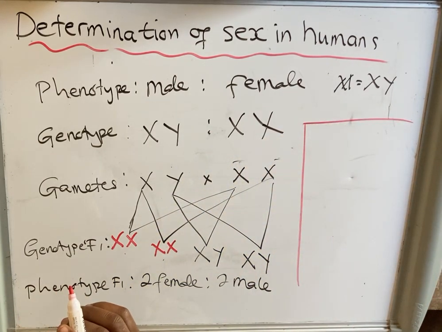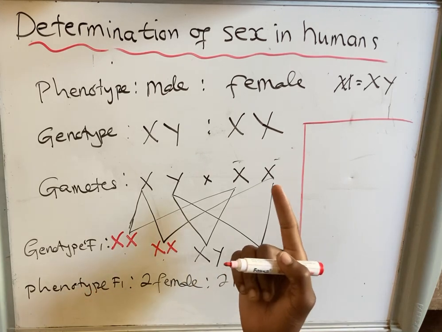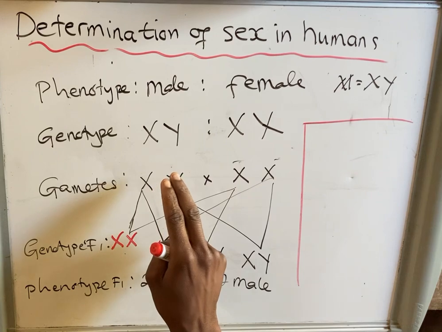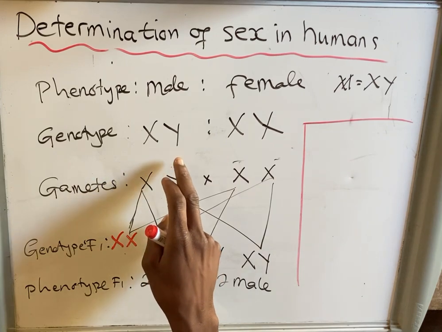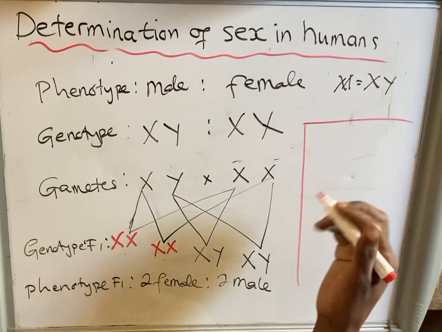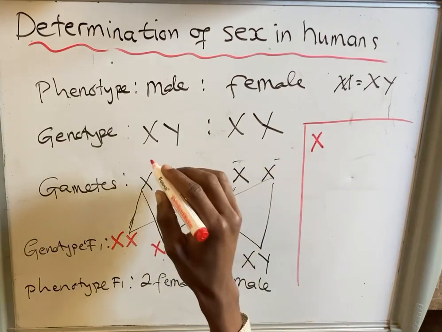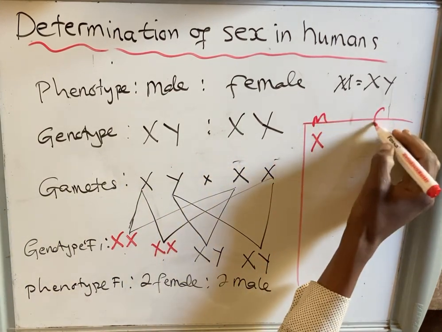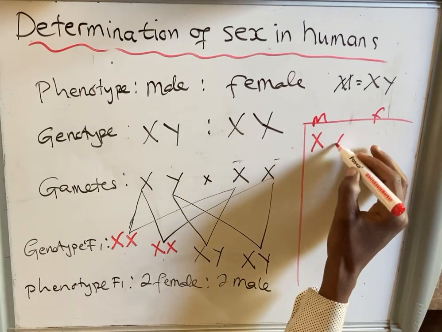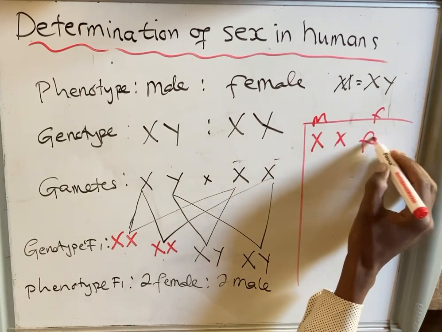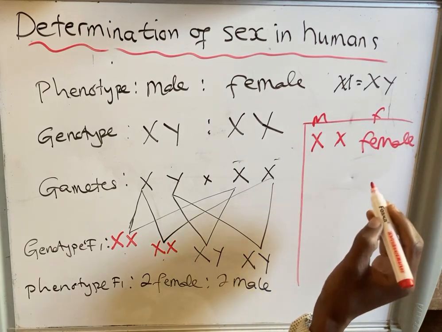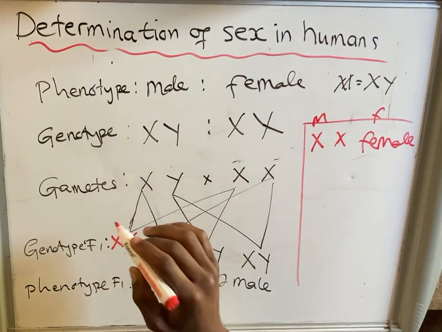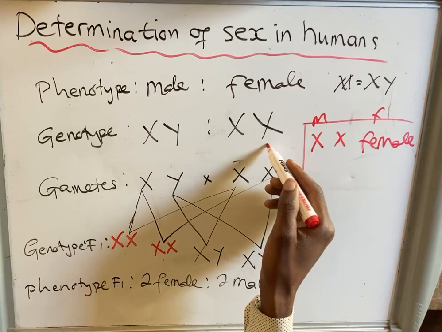This is because you can only inherit X from the mother's side, but from the father's side, you can get either X or Y. When you get X from your father and X from the mother, automatically you become female. You can also get Y from the father, and you can only get X from the mother.